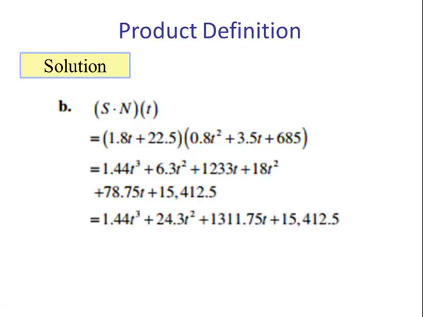Combining like terms, we have 1.44t cubed plus 24.3t squared plus 1,311.75t plus 15,412.5. So this is our product function.